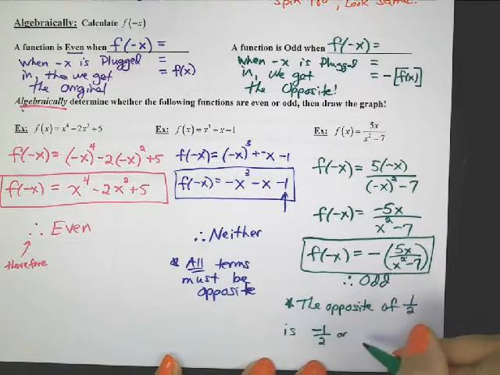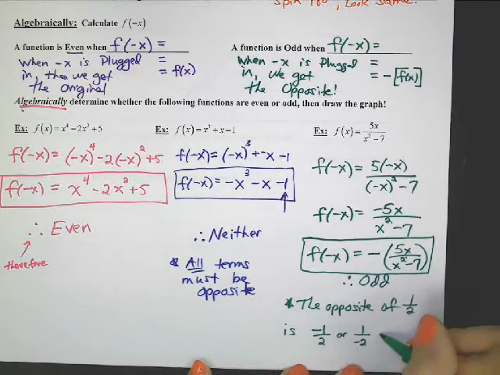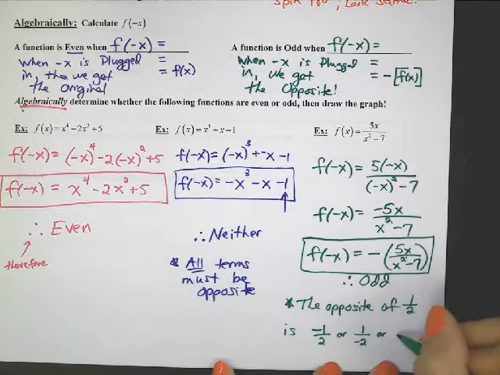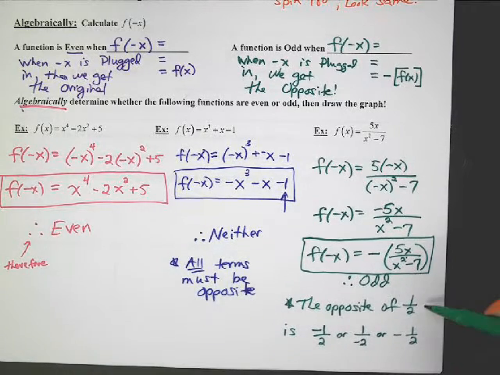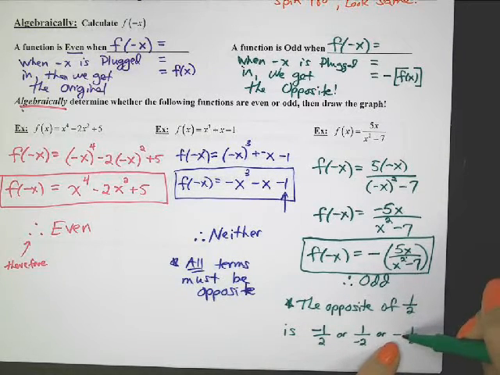Okay, or we could have 1 over a negative 2. There's a negative. Or probably it's best to put the negative out in front and then say 1/2. The opposite of positive 1/2 is negative 1/2. But that negative sign might be down there or it might be up there. So the best thing to do is to take that negative, pull it out in front, and then you're going to be very clear that it's the opposite of the fraction.